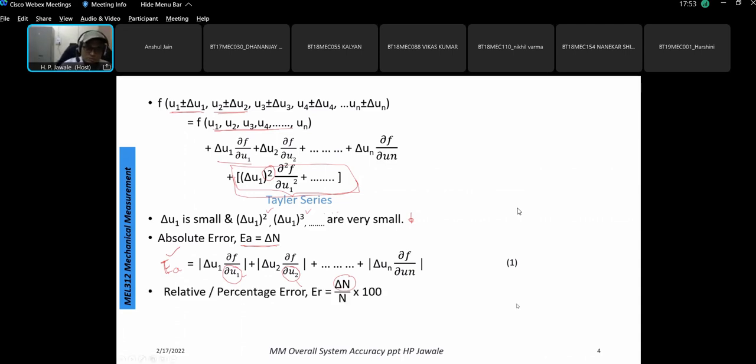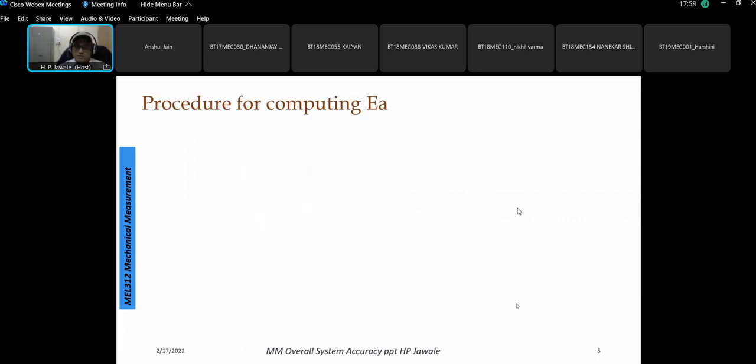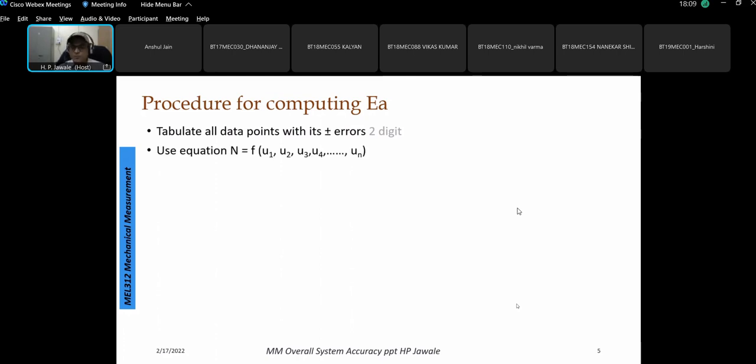Right. Then the relative or percentage error can be found as del n upon n into 100. That is the normal way. Now the standard process for finding the value of the error is that we tabulate all the data points with their plus minus errors, preferably to the second decimal place. Then we use the equation, treating the overall measurement as a function of the individual measurements.